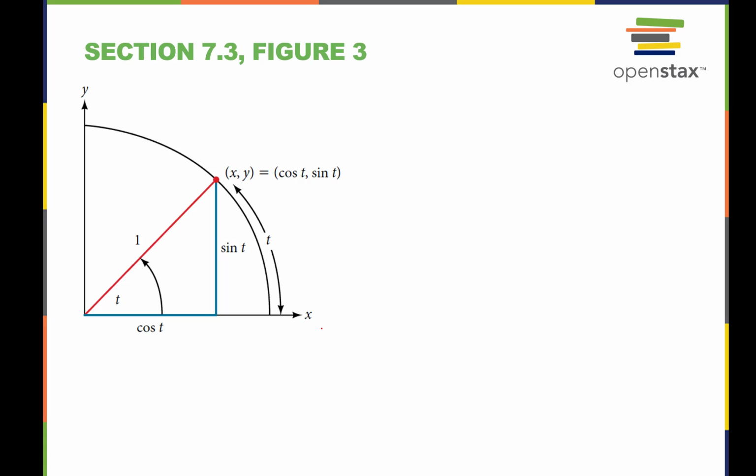Now, when we redefine our cosine and sine functions in terms of the unit circle, recall that cosine of an angle, in this case we're labeling our angle as t. This angle right here is angle t. Before, cosine of t was adjacent over hypotenuse if we were talking about a triangle. Well, we can draw the triangle right here.